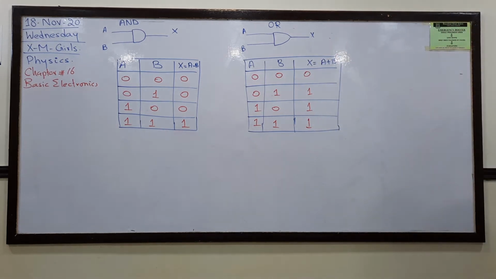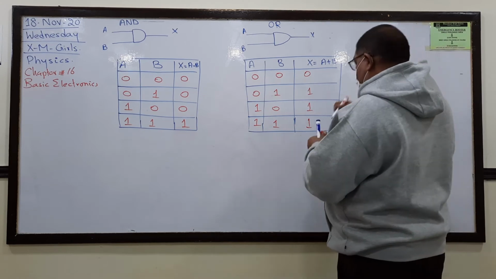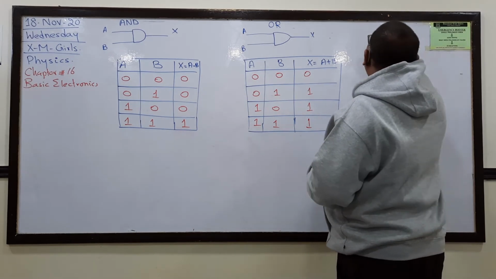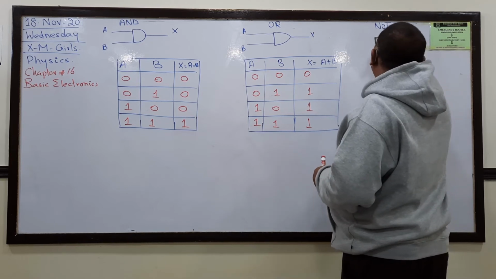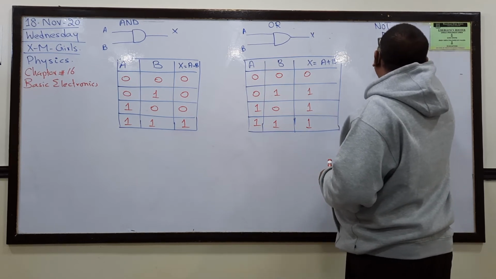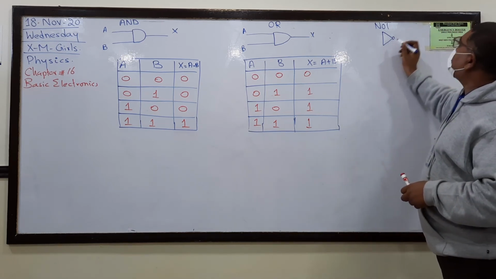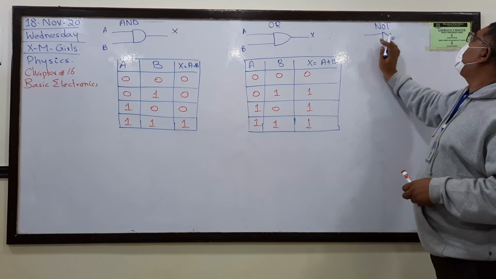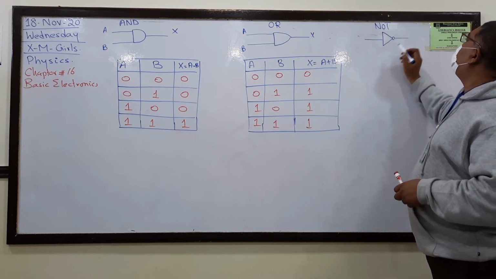This is the OR gate. We have another gate, we call it the NOT gate. It is represented with a triangle, and on the vertex of the triangle we put a circle. It has a single input, and we have the output.